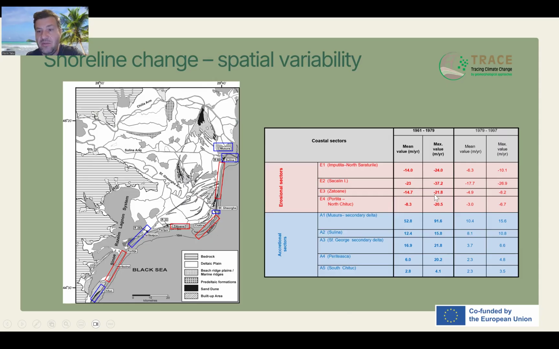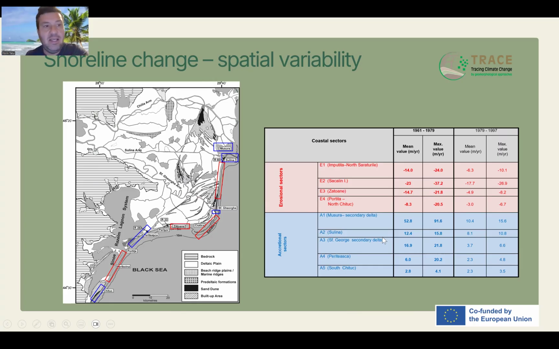And these values were so high because there was a very stormy period at that time, and you can see that afterwards, in the following decades, these values decreased, but they still remain high for a sandy beach. And also the same situation for the accumulative, accretional sectors.